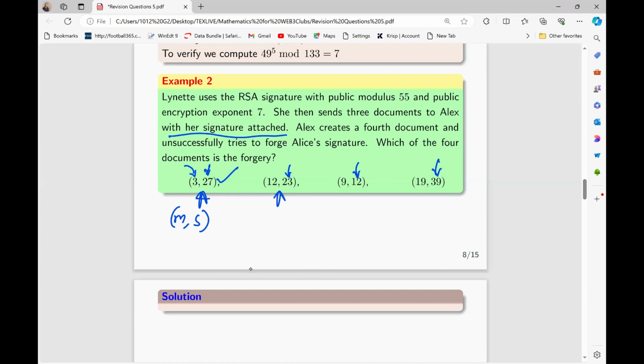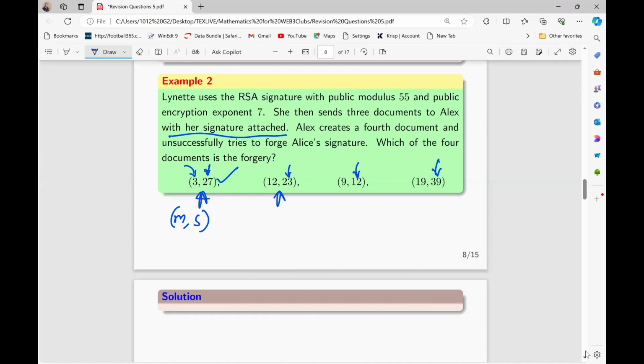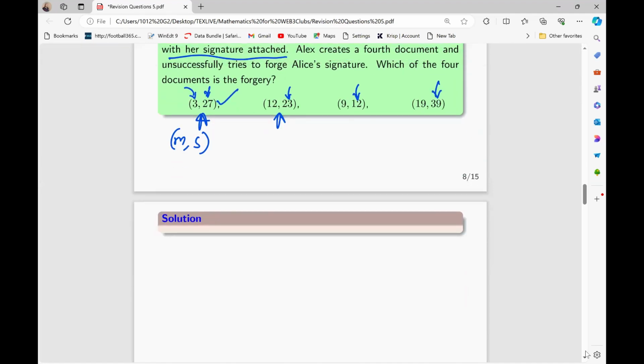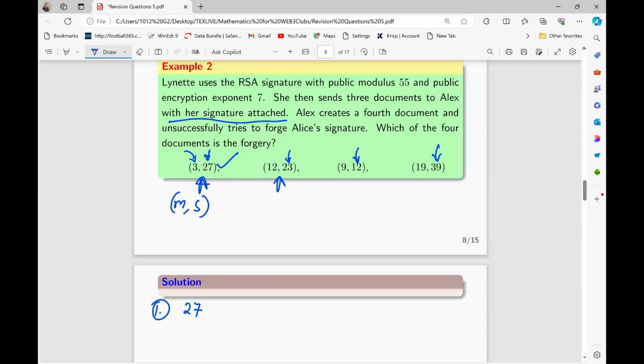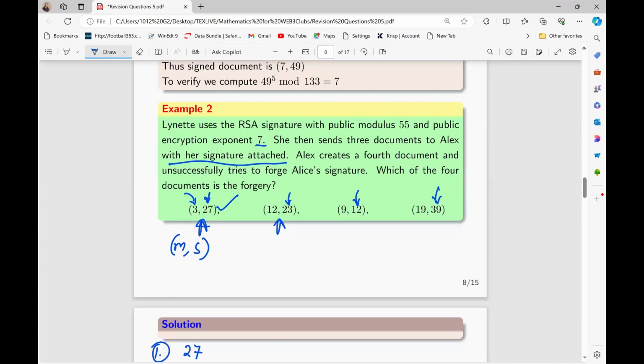So how do you normally verify? Let's verify the first document, whether it's true. For us to verify, we just need to take the S and raise it to E, the public key, mod 55. Our E is 7 and the mod is 55.